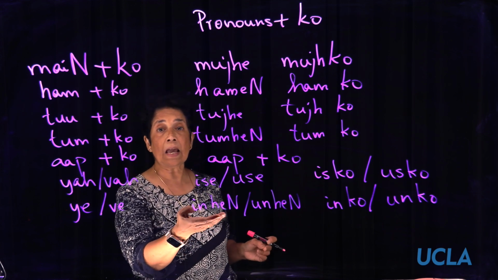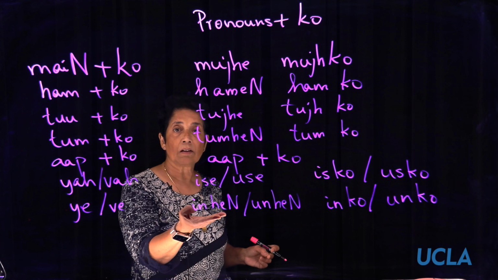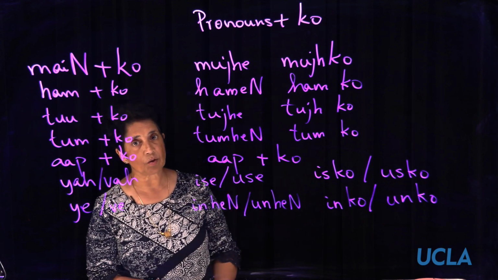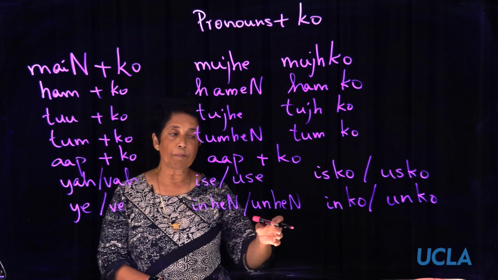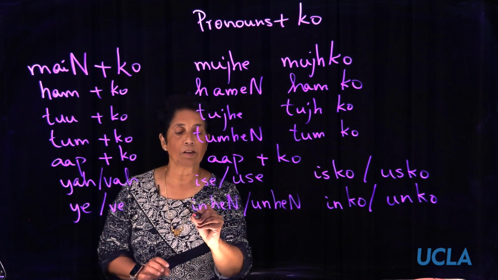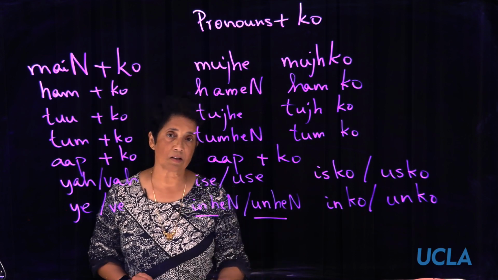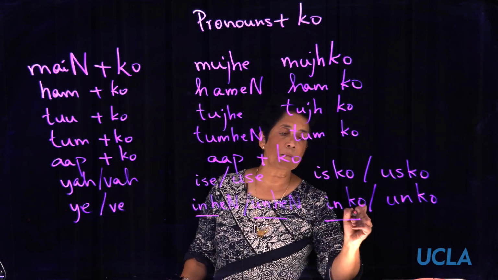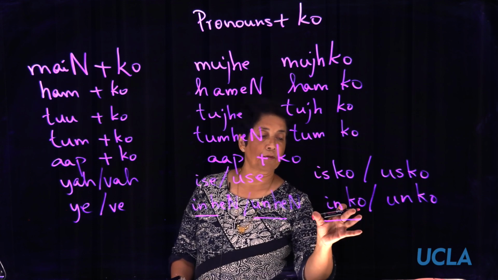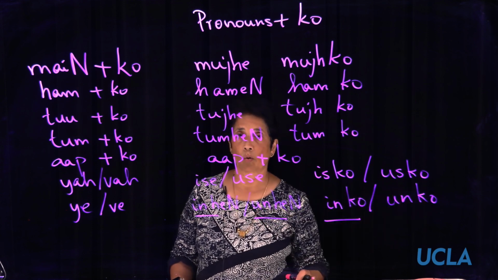Okay. इन्हें कॉफ़ी पसंद है. You know, they like coffee, or one person that you're being polite to. Okay. इन्हें coffee पसंद है, उन्हें someone not here. So this is proximate, this is distant. Okay. And the same thing, there's no difference in meaning, but you can keep the forms inko and unko.